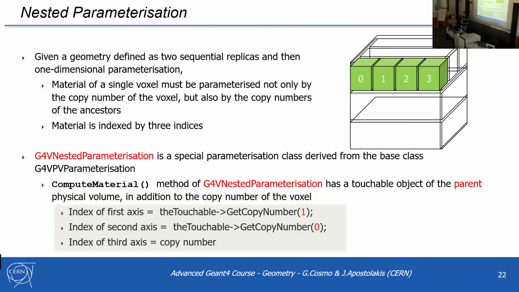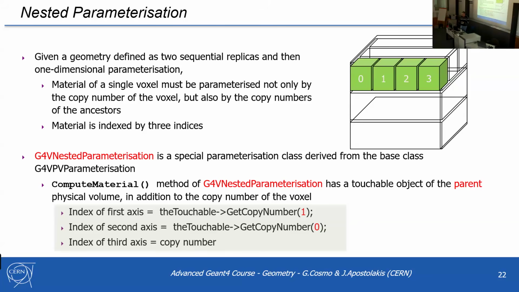Okay. In addition to the copy number of the voxel that you have to use to implement your parameterizations. And this will help you to determine the indexes of the parent volumes.